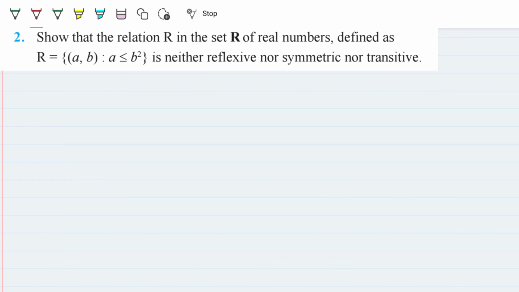Now see question number 2. Show that the relation R on the set of real numbers is neither reflexive, nor symmetric, nor transitive.